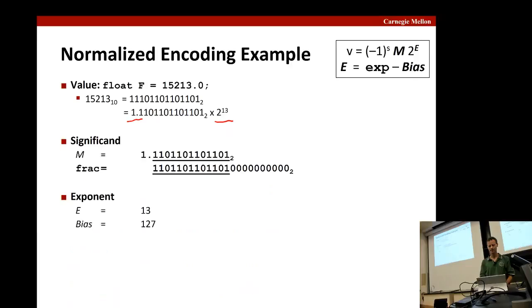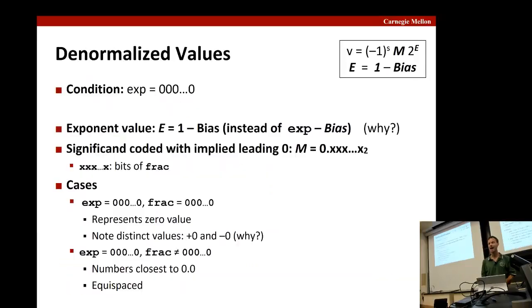To allow for that, to pack more representable values close to 0, we have this special setting of the exponent where we look at the values in a different way. Those are called denormalized values. A couple of things are different here.